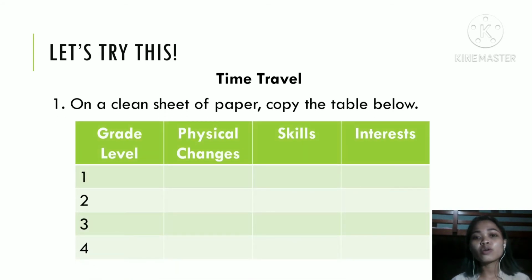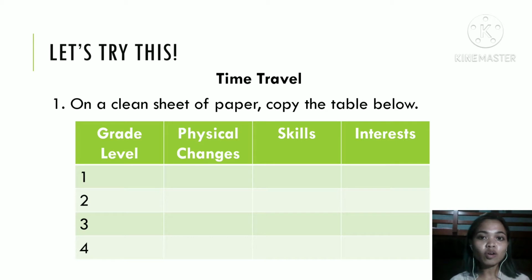Here is what you're going to do. On a clean sheet of paper, you have to copy the table below. So makikita mo sa table natin na meron dong 4 na column. Ito ay ang grade level, physical changes, skills, and interest. So sa grade level, ang isusulat mo ay ang baitang mula 1 hanggang 4.